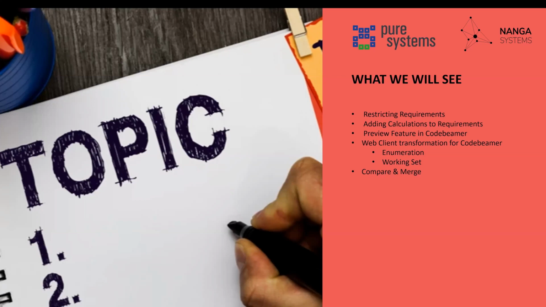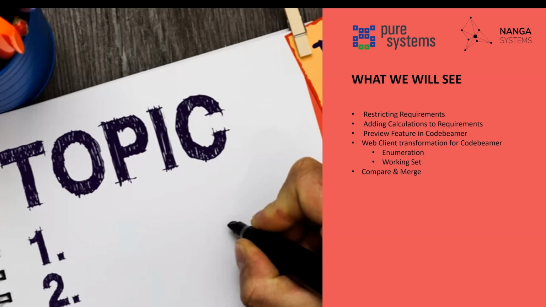We will use the preview feature pure::variants provides in Codebeamer to see a variant-specific document. Then we will switch to the web client in pure::variants and see the transformation. Oliver already talked about the transformation and the connector.